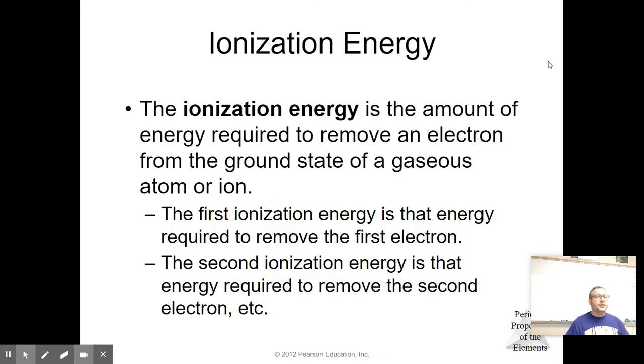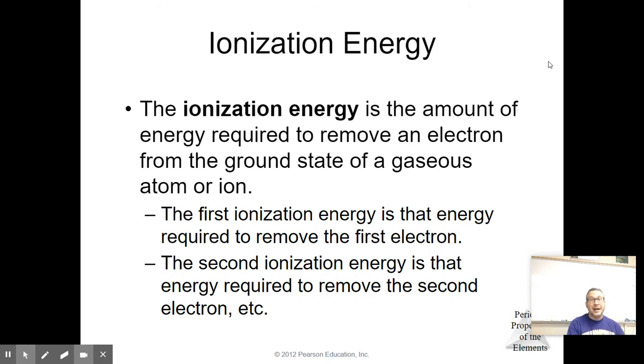Okay. So our next topic, what we get into in section 4, is a term called ionization energy. We're also going to look at what happens when we do an electron configuration of ions. So what is ionization energy? Think about that.